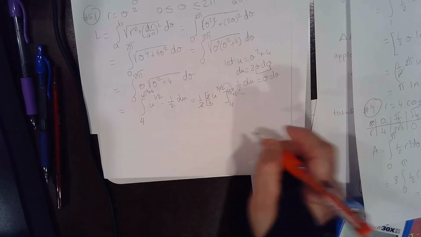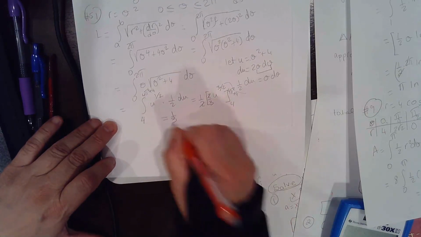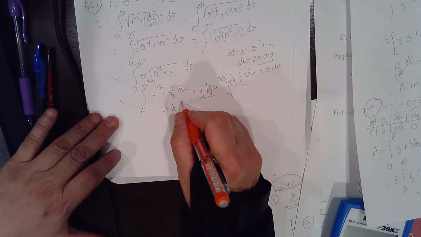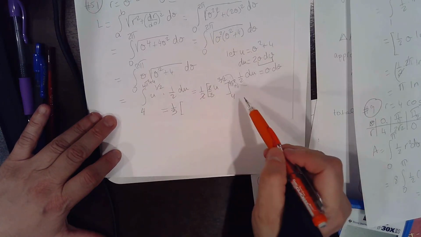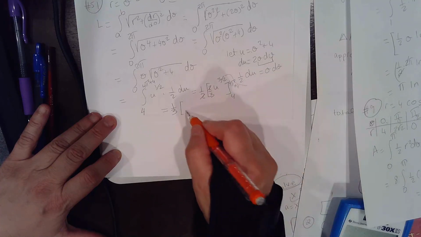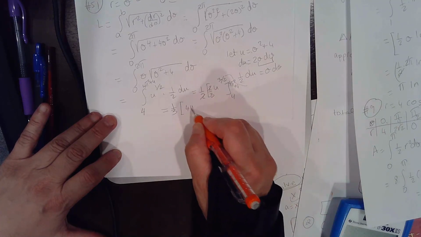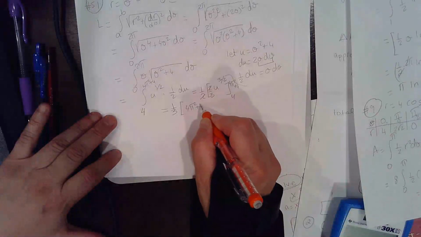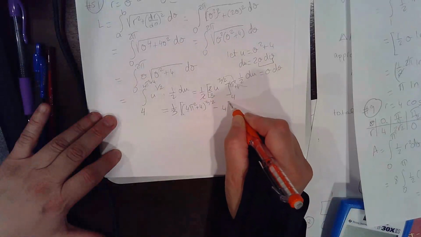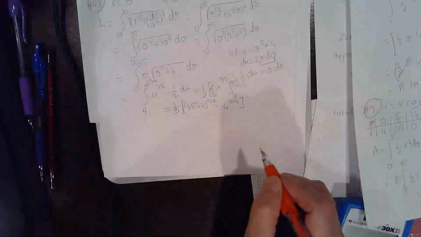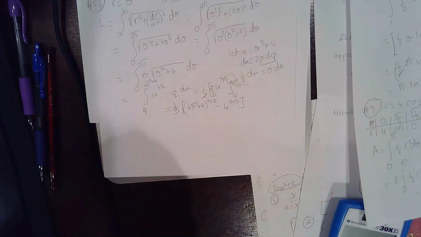So you're left with 1/3, and that is 4 pi squared plus 4 to the 3/2 minus 4 to the 3/2.